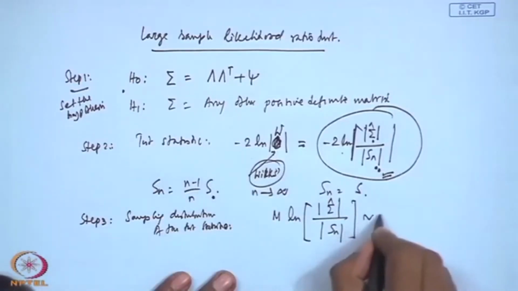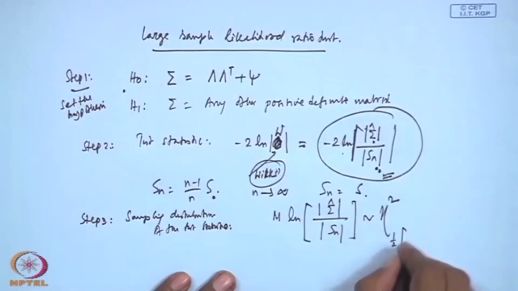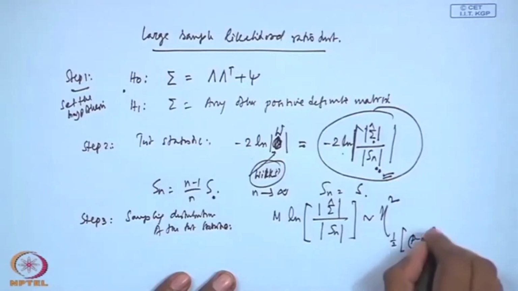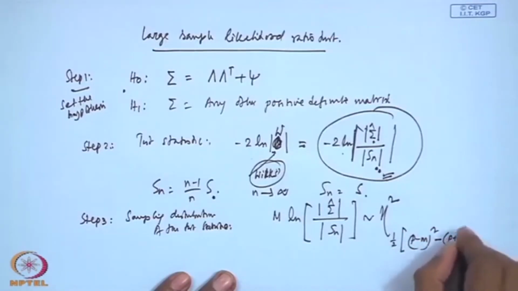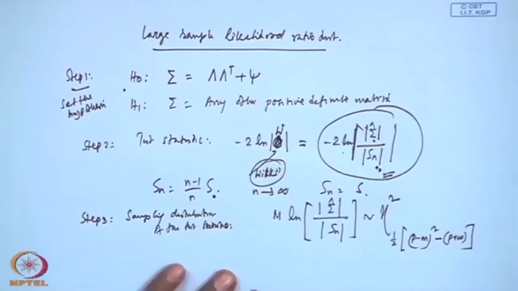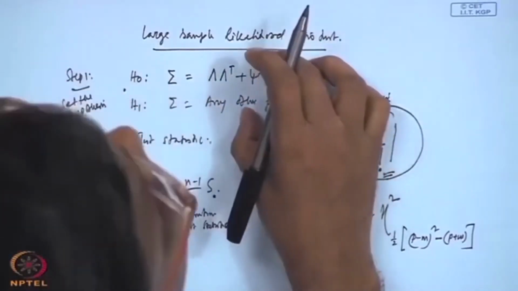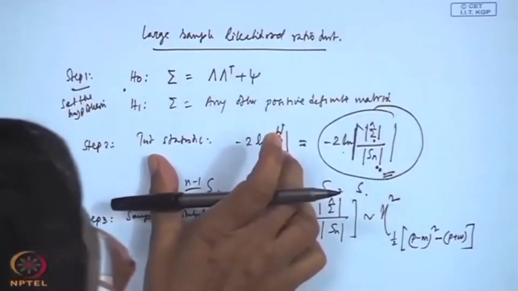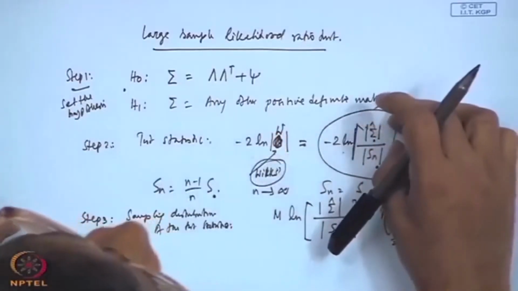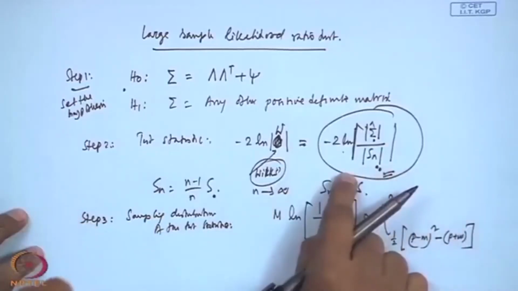This follows a chi-square distribution with half of (p minus m) square minus p plus m degrees of freedom. So, first the hypothesis related to the population, then the sample statistic related to the estimates, then your sampling distribution related to the estimate. Now, you have to take the decision.